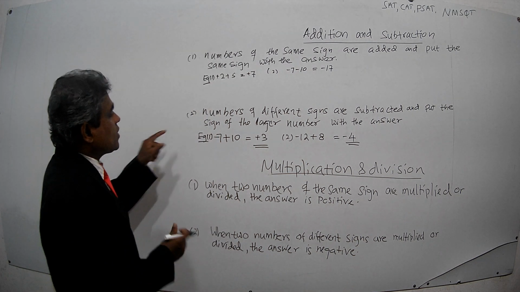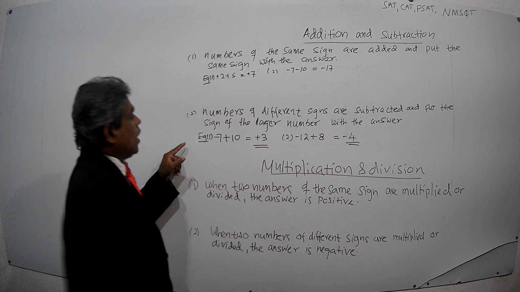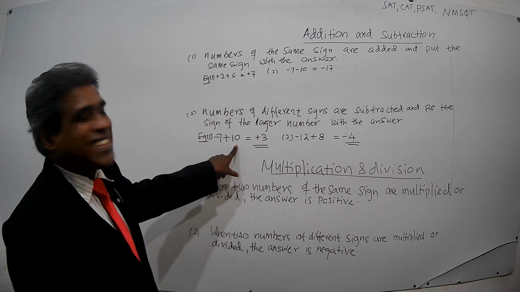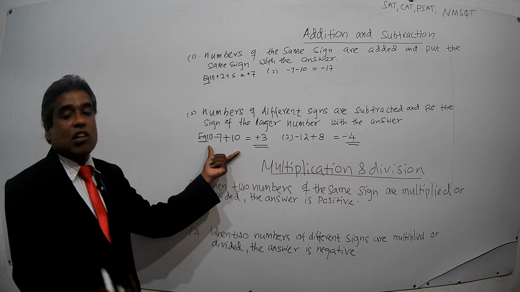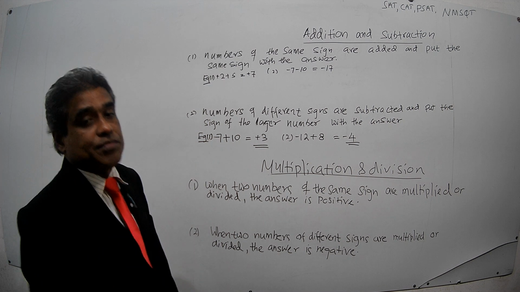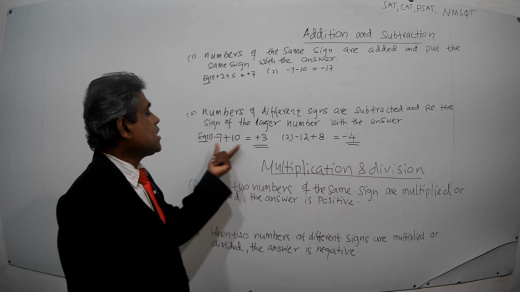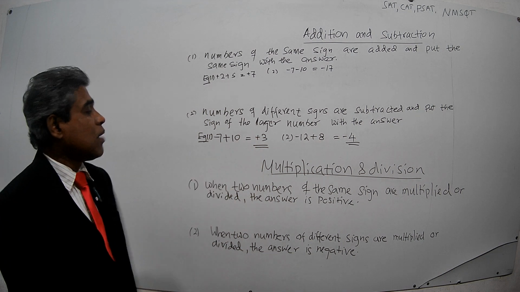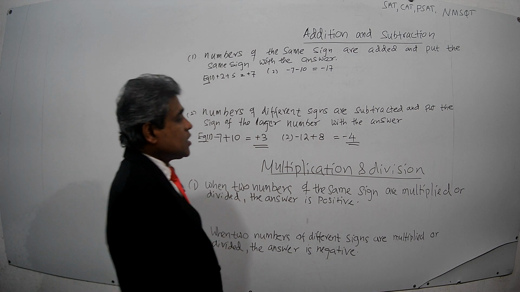Now, in this case, look at the second rule. You have been given two numbers, one minus 7 and the other plus 10. Two numbers of different signs. What do you have to do according to the rule? You subtract. When you subtract 10 and 7, you get 3. Put the sign of the larger number. The sign of the larger number is plus. Put plus.